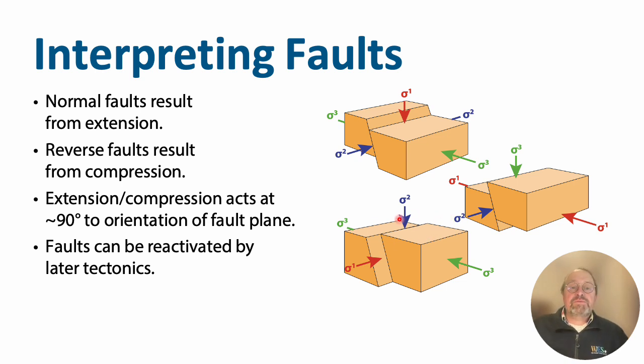And last but not least, we've got our strike slip fault, and in this case the sigma 1 is parallel to the fault itself. You can imagine that's the strongest compression, so it's pushing this block, in this case the hanging wall block, along to the right side of this diagram.